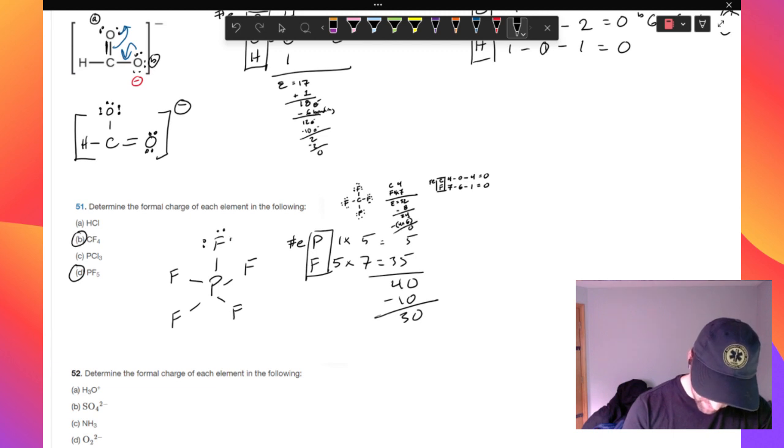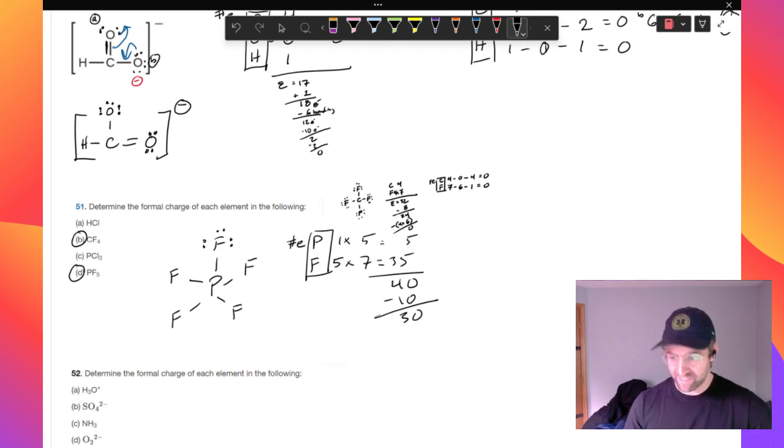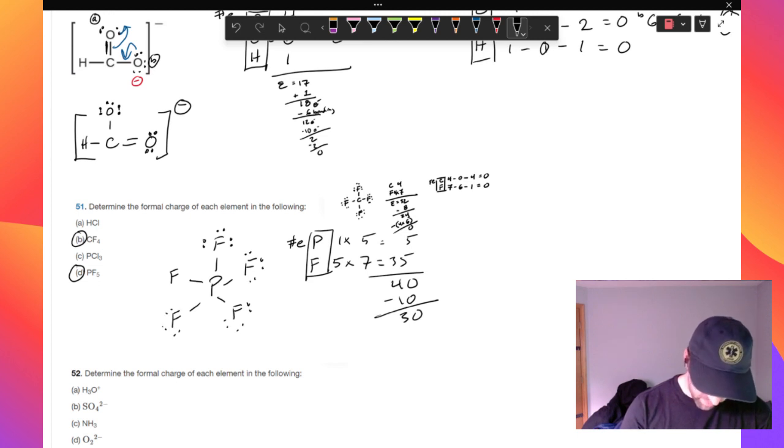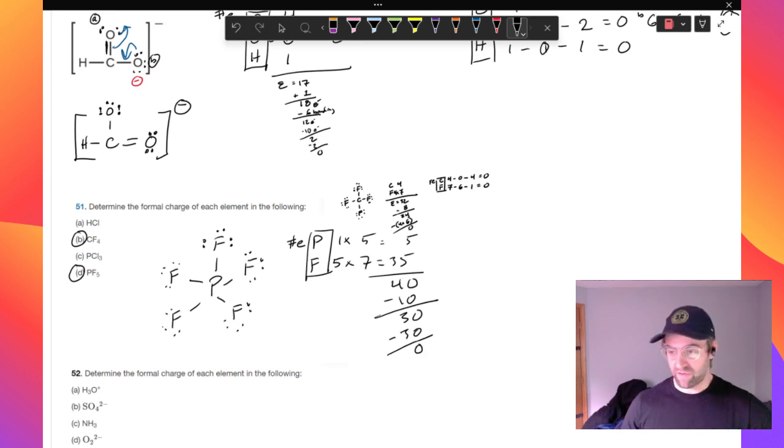Again, to fill each fluorine's octet, we would assign 6 lone electrons in pairs, and 5 times 6, because we've got 5 of them, would be 30, and that would account for all of our electrons in this molecule.